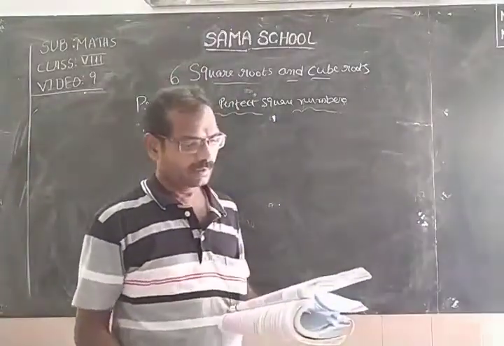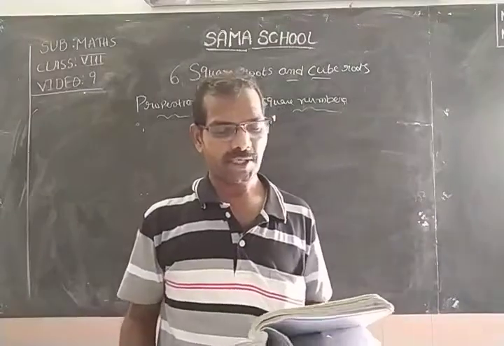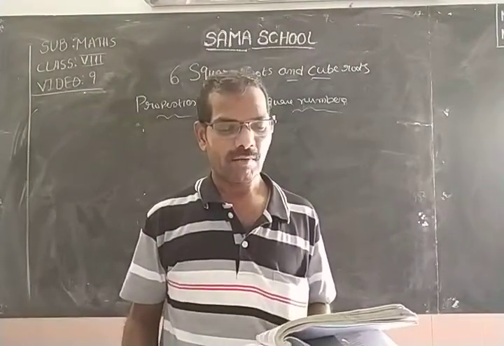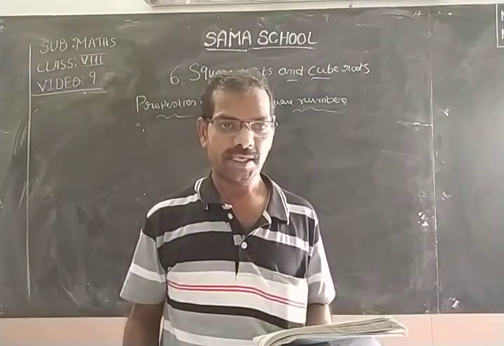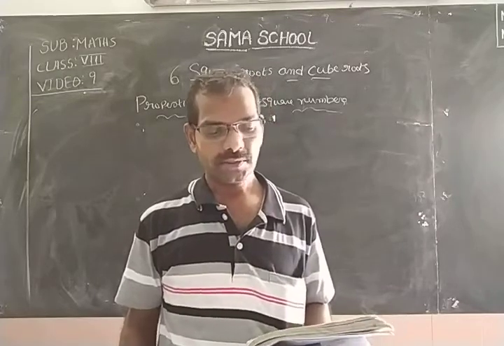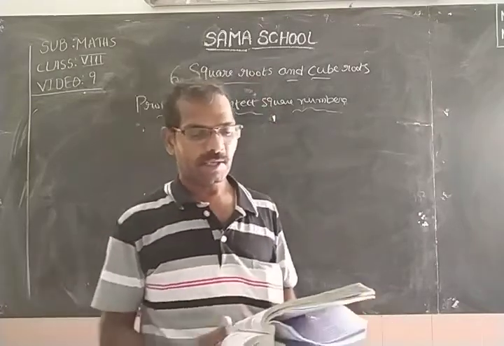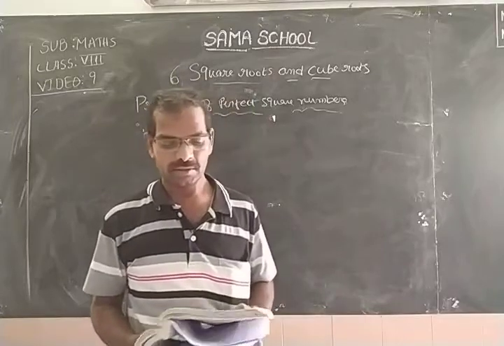Here, how many perfect squares? 100 and 150: 100 means 10 square. Next, 11 square, 121.